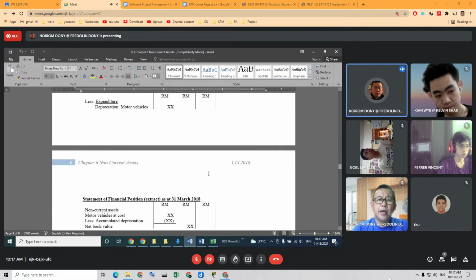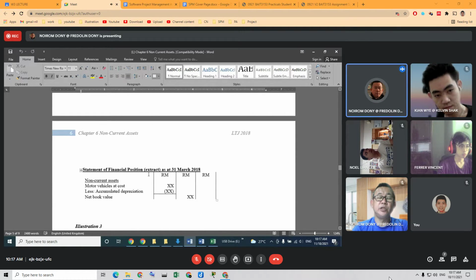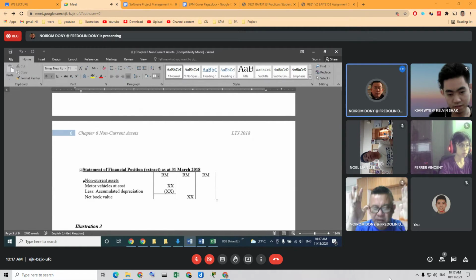And we also have the statement of financial position, again an extract. It doesn't give you the full version, only part of it, which is to show the accumulated depreciation and the non-current asset. Remember, in the statement of financial position we list down the assets first according to type, non-current asset and current asset.